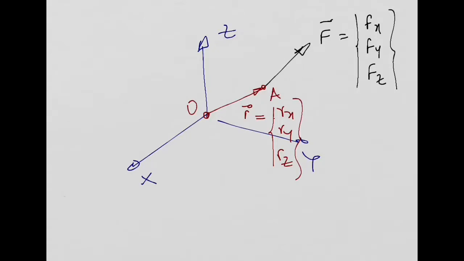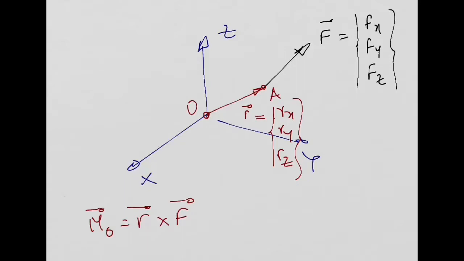So now I ask you a question. What should be the direction of the moment produced by this force F? So the moment about O is going to be equal to this cross product. Agree with me? So what is going to be the direction of this MO, this moment vector?